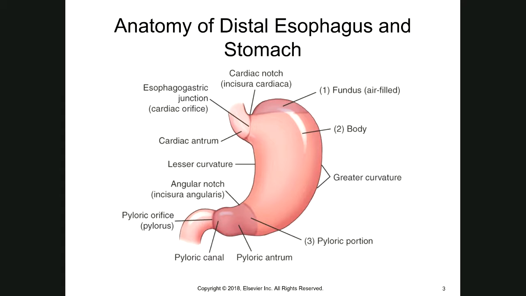When they do a gastric bypass, there's actually cutting and repositioning of the esophagus and the stomach, and they kind of bypass the stomach so that there's not as much room for the patient to ingest food.